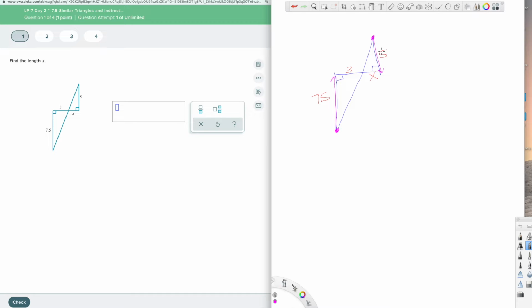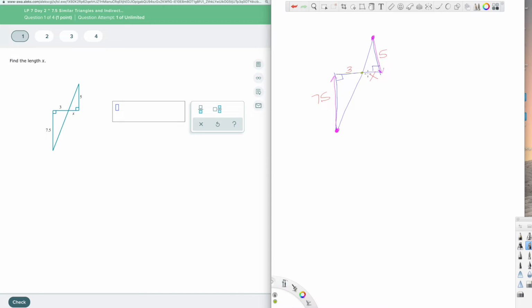It makes a little more sense generally when I'm starting to teach this to students, when you can use these descriptions. So you have this far off vertex going to the right angle, far off vertex going to the right angle. It gives this visual direction. So these are corresponding. And then I also have this middle point to the right angle, or I could go right angle to the middle point.